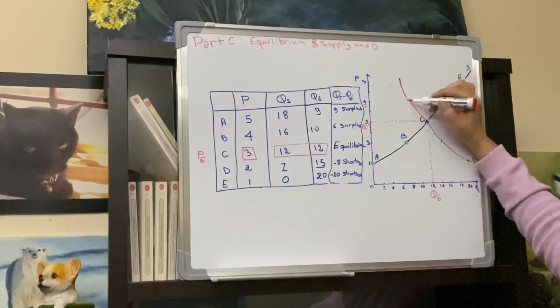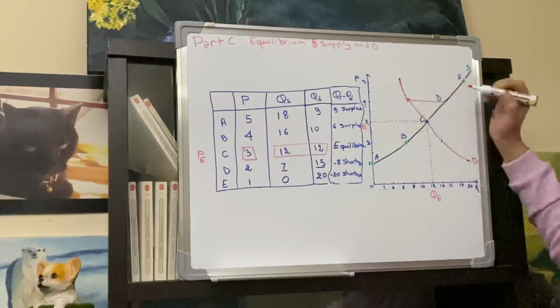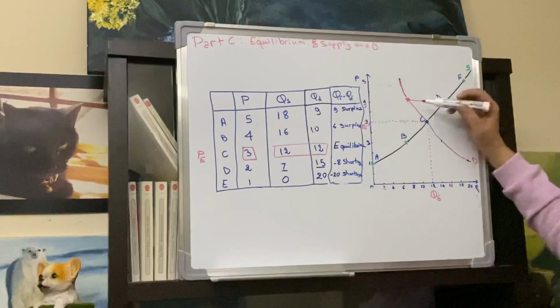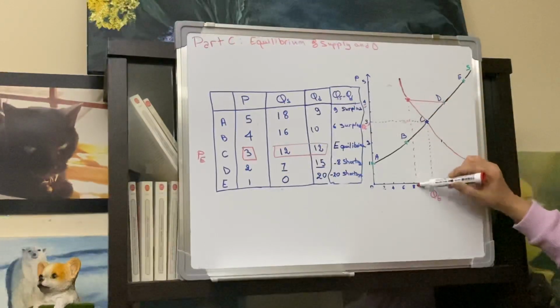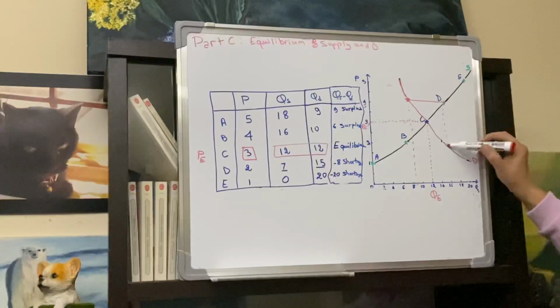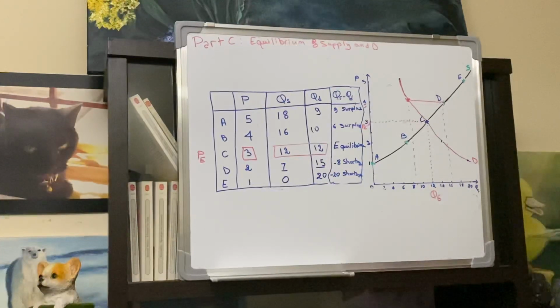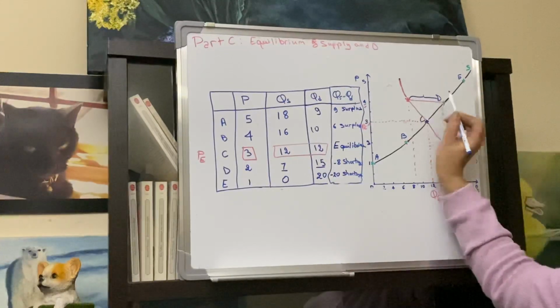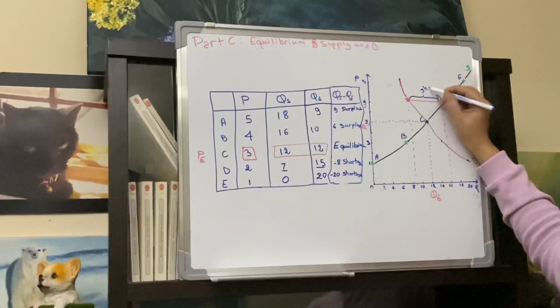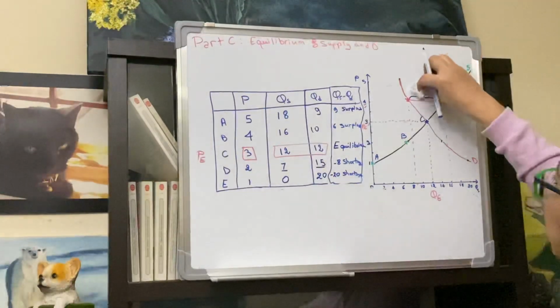Here's my supply, here's my demand. This is quantity supplied, this is quantity demanded. So the quantity demanded is here. The quantity supplied is here. So the difference between the two is the size of your surplus.